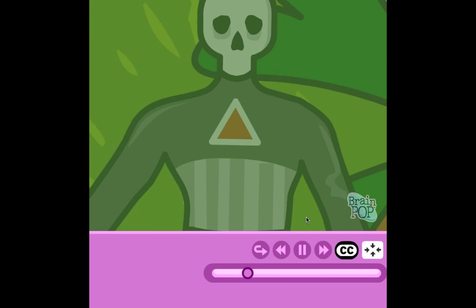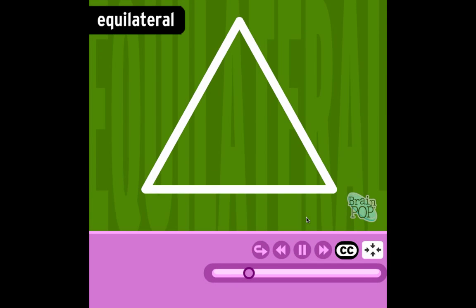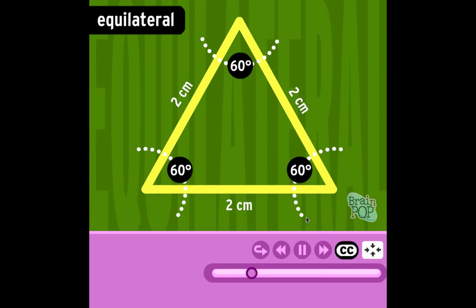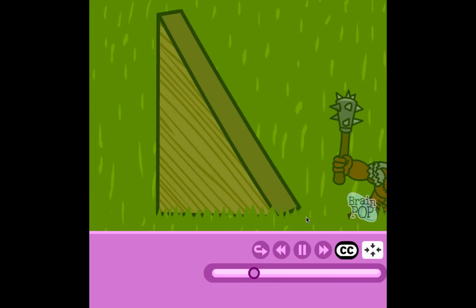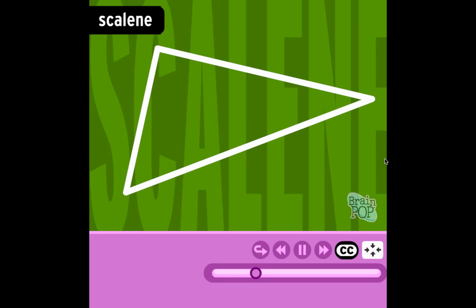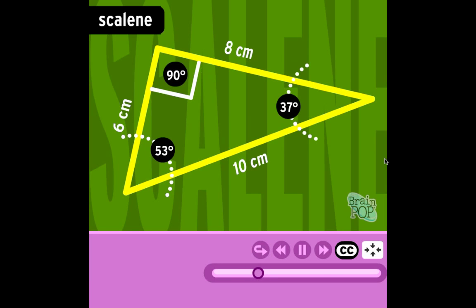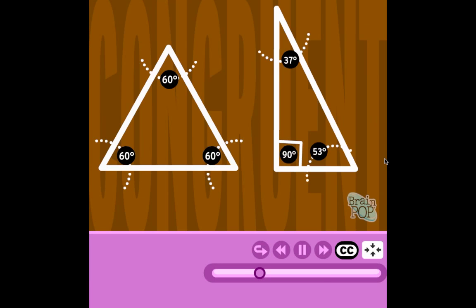Okay, as you can see, it's an equilateral triangle, which means it has 3 sides of equal length and 3 60-degree angles. So now, check out this wooden block, which is also triangular. This is a scalene triangle with sides of different lengths and 3 different angles. Geometrically similar triangles have to have corresponding angles that are congruent or equal.